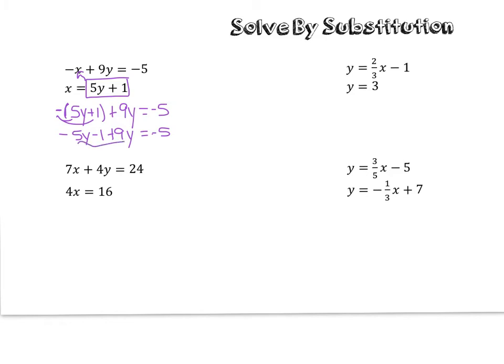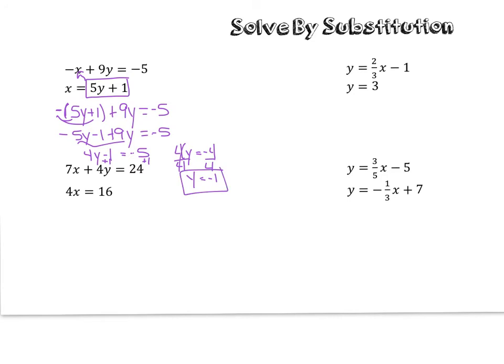Add our like terms, so 4y minus 1 equals negative 5. So you have to add 1 to both sides. 4y equals negative 4. Divide by 4. y is negative 1.